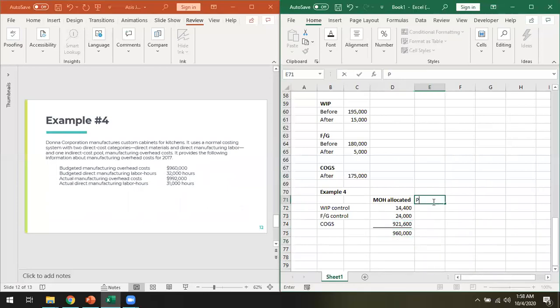And then we want to know the percentage of each account related to the total budgeted manufacturing overhead. So divide this account balance by the total manufacturing overhead allocation. Put the dollar sign.